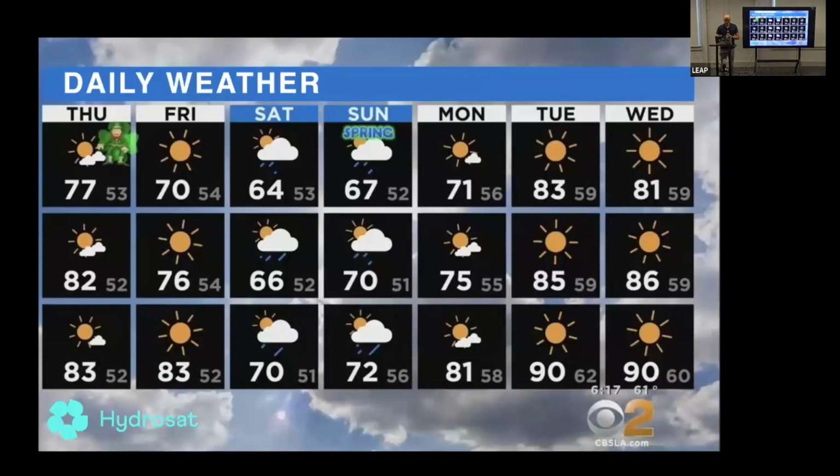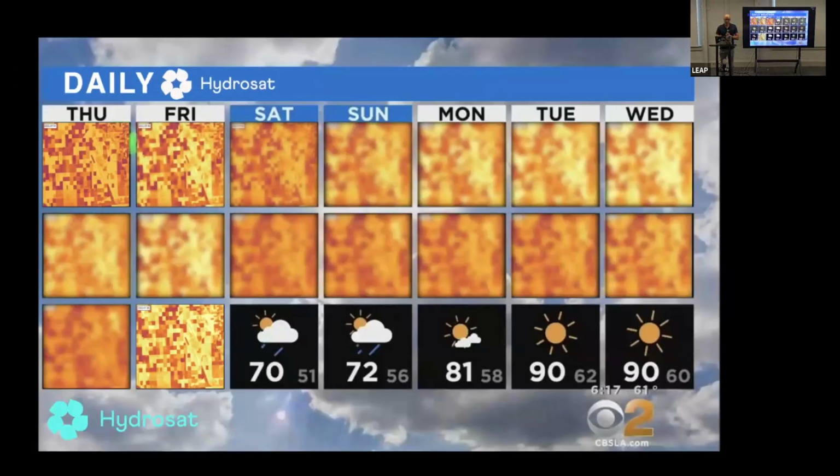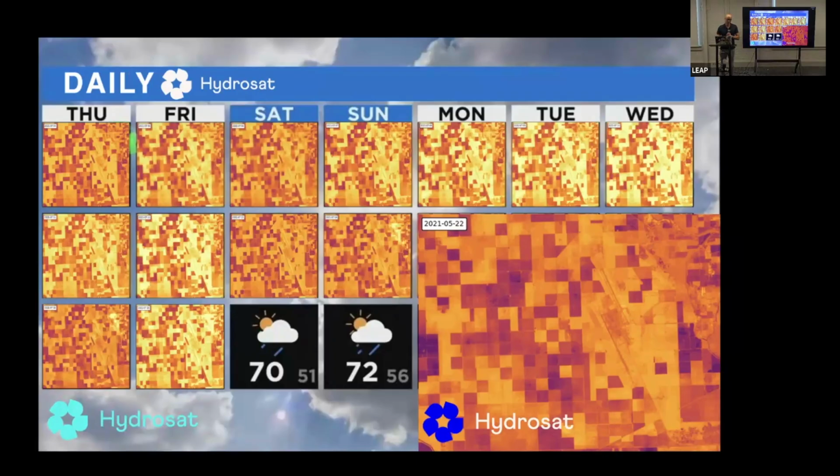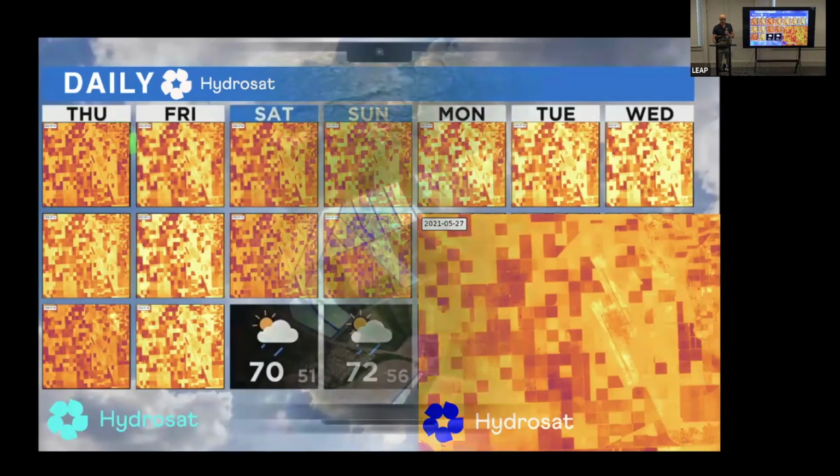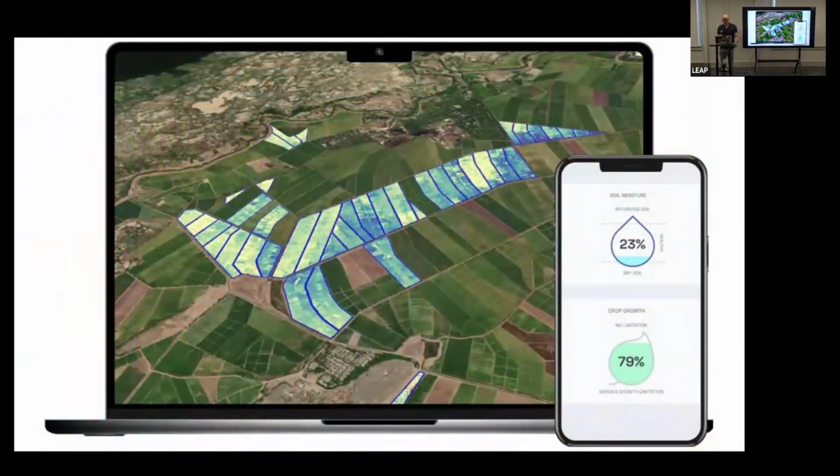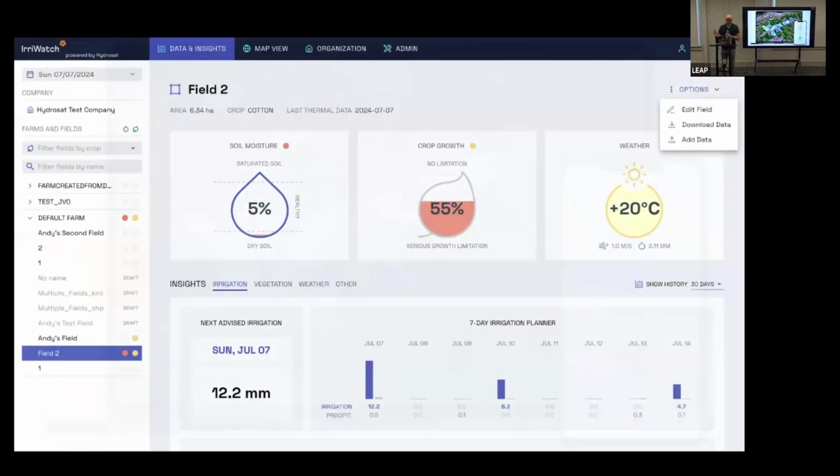So now we're increasing the frequency of the thermal data, and our primary commercial customer is agriculture. So now at 4 in the morning, we deliver our data through our app to over 4 million acres across the world, across over 70 countries.